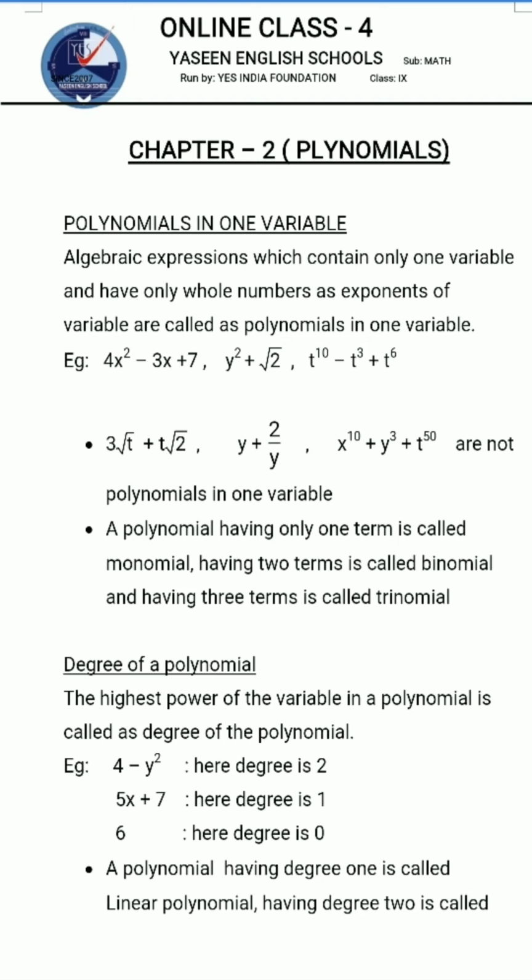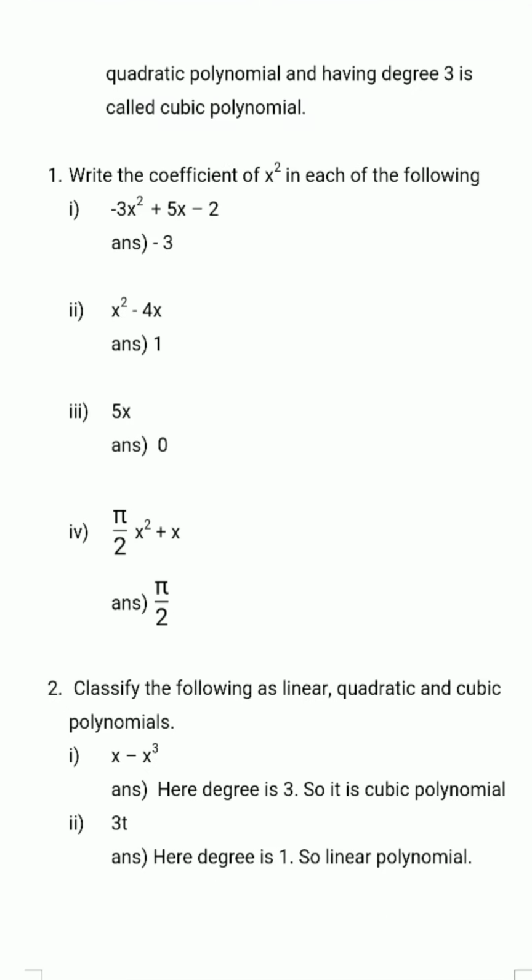Before, we classified 3 types: monomial, binomial, trinomial. Now, looking at the degree, a polynomial is classified into 3 types. A polynomial having degree 1 is called a linear polynomial. A polynomial having degree 2 is called a quadratic polynomial, and a polynomial having degree 3 is called a cubic polynomial.